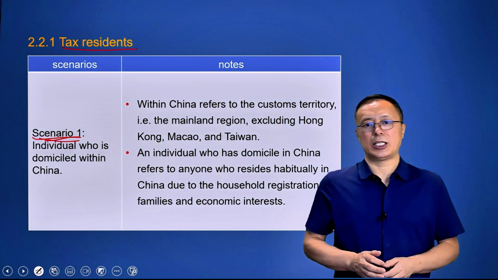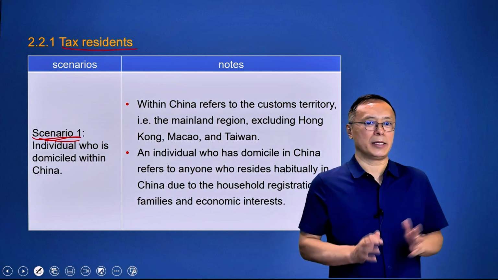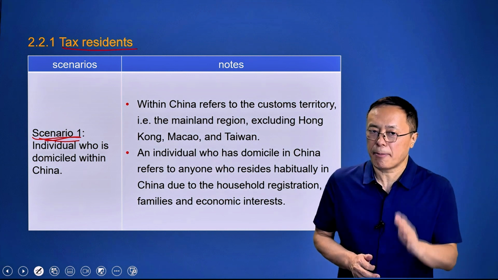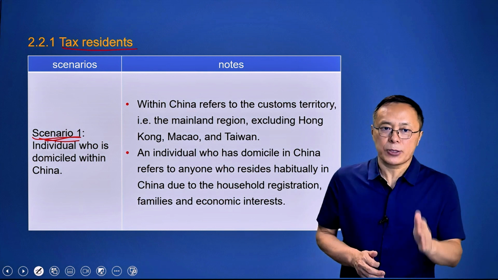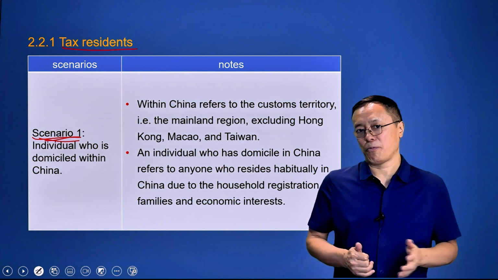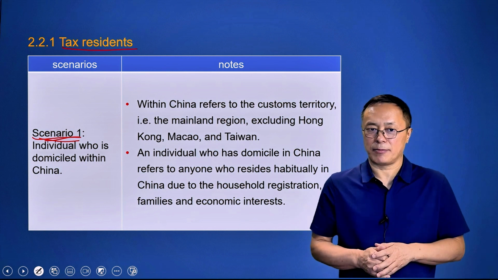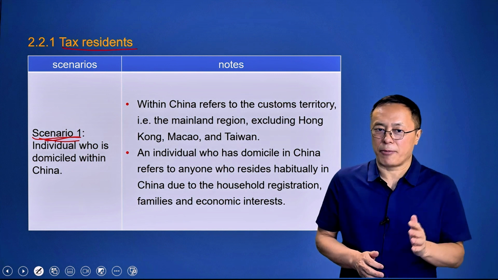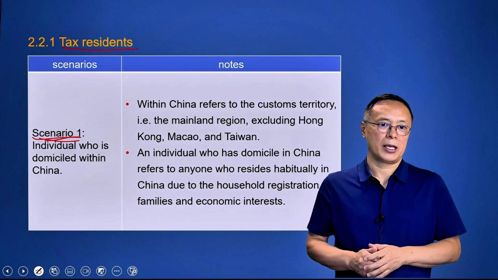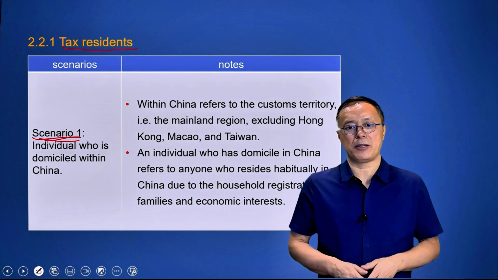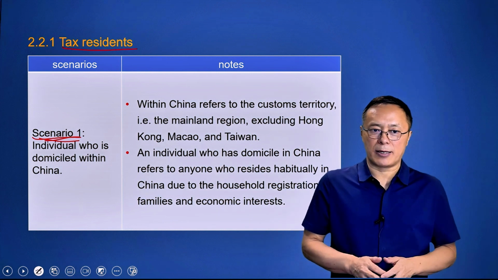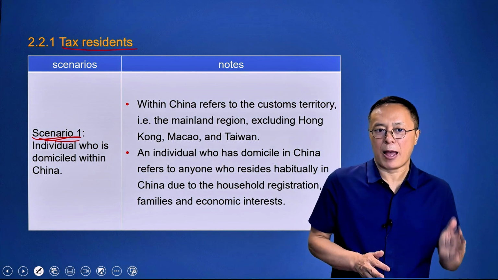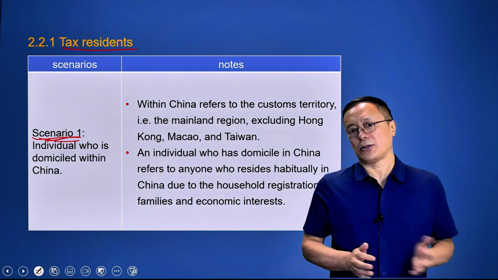There's one thing, if I don't say it, you definitely don't know. In tax practice, whether you have a domicile in China is usually marked by whether you have household registration in China. So, what is household registration? Household registration is China's resident identity and information management system, including personal basic information, family relations, marital status, etc. Individuals with Chinese nationality usually have household registration.